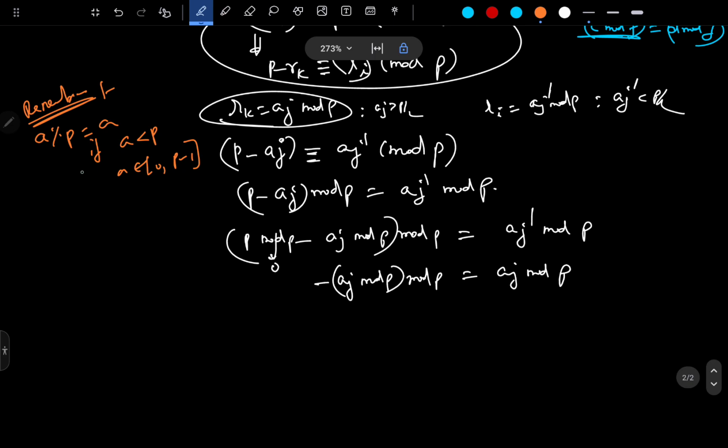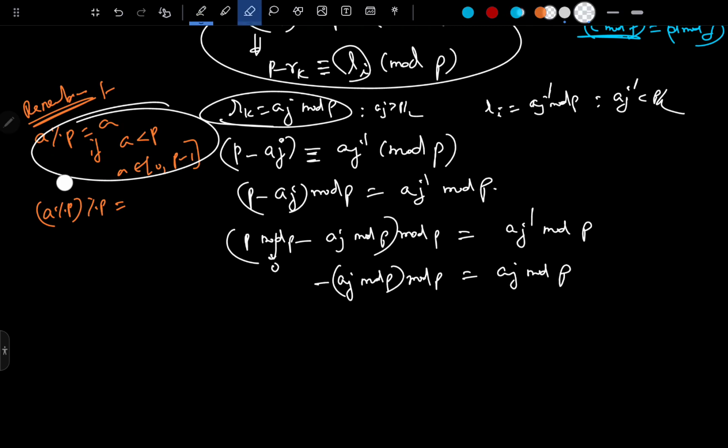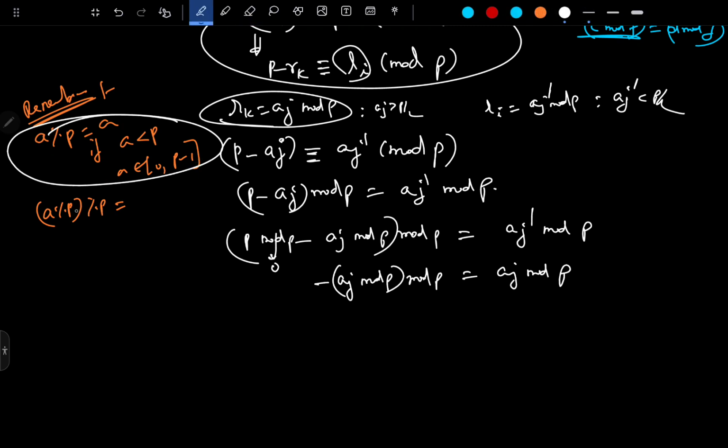So what is (A mod P) whole mod P? Apply the above conclusion. Let A mod P be x.